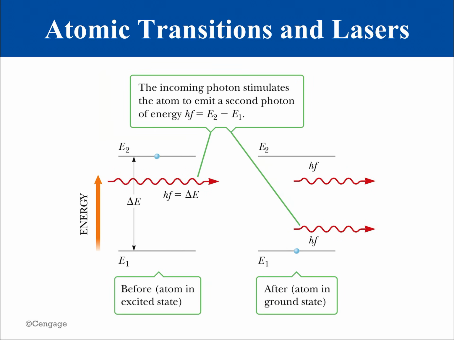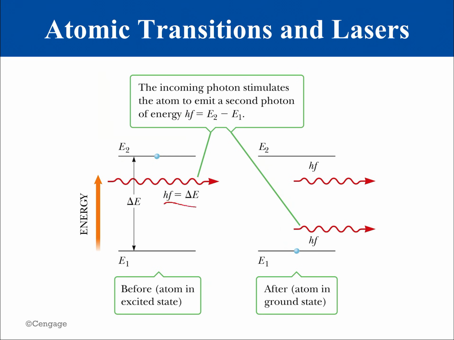So a third process, this is the important one for lasers, called stimulated emission, was predicted by Einstein in 1917. Suppose an atom is in that excited state. So we happen to capture it during that 1 nanosecond window of time, while it's still in an excited state. And then another photon with that exact amount of energy passes by.